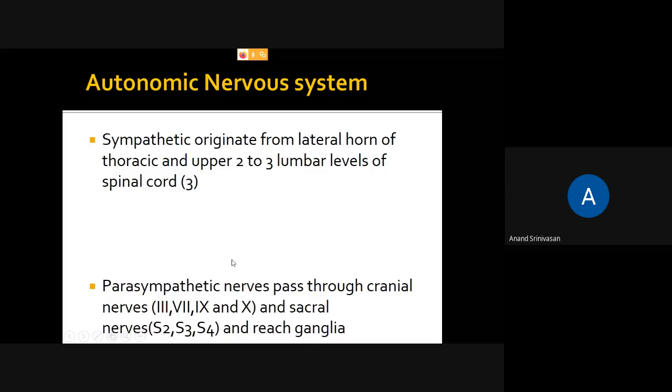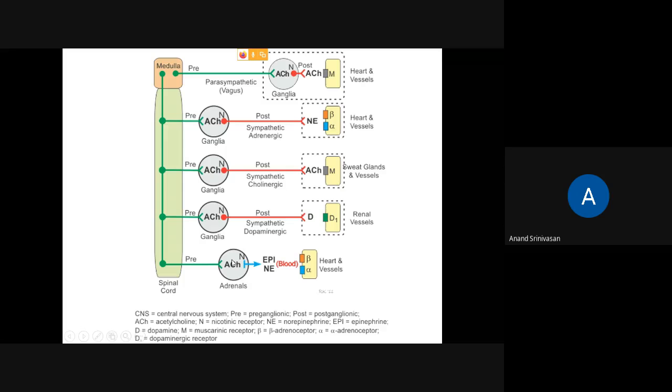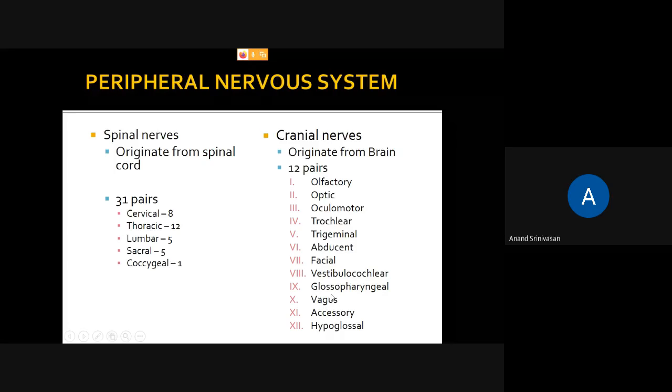Vagus. Remember, you need to know the names of all 12 cranial nerves: olfactory, optic, oculomotor, trochlear, trigeminal, abducens, facial, vestibulocochlear, glossopharyngeal, vagus, accessory, and hypoglossal. All these cranial nerves you need to know.